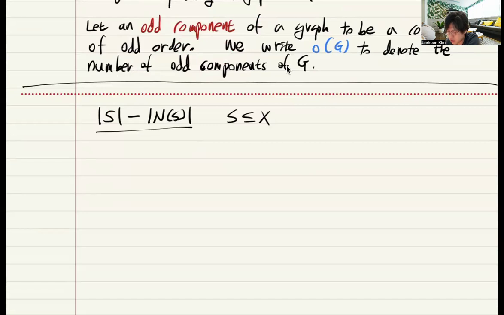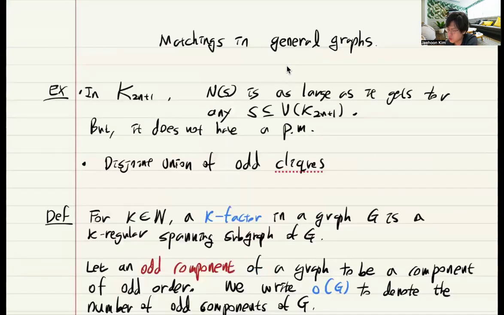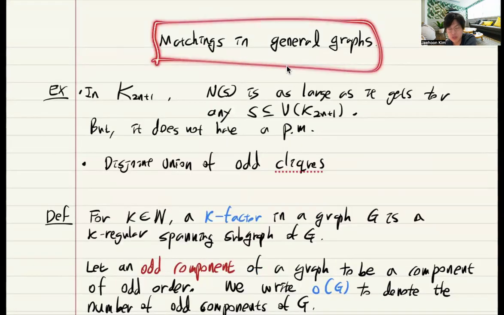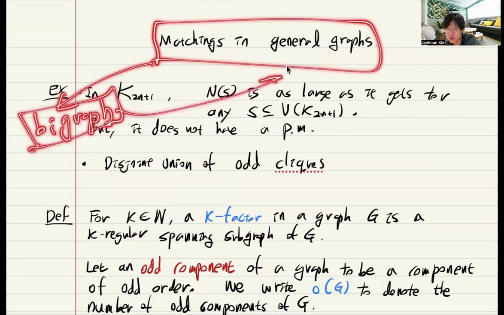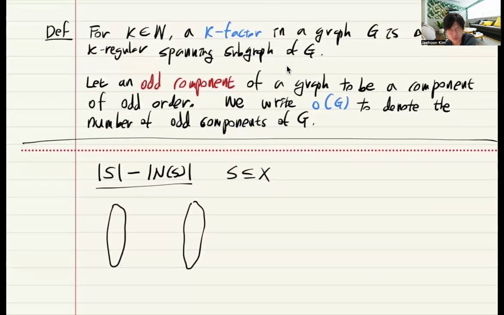And let's consider this again, but now we want to be more careful about parity. If we have a certain theorem for general graphs, then that should also apply to bipartite graphs, right? Bipartite graphs are a smaller family. So if you want to prove a theorem which is something like Hall's theorem, then that theorem has to be more general than Hall's theorem.